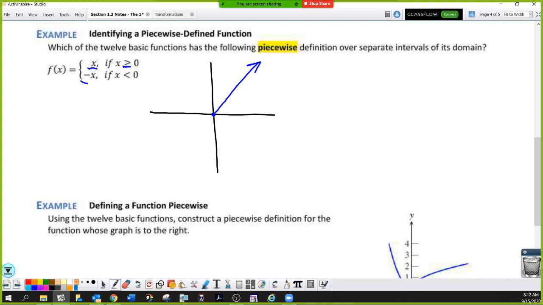But for negative x's, it looks like y equals negative x, with an open dot. That piecewise function models the absolute value function. That's how you would break it up into two other functions.